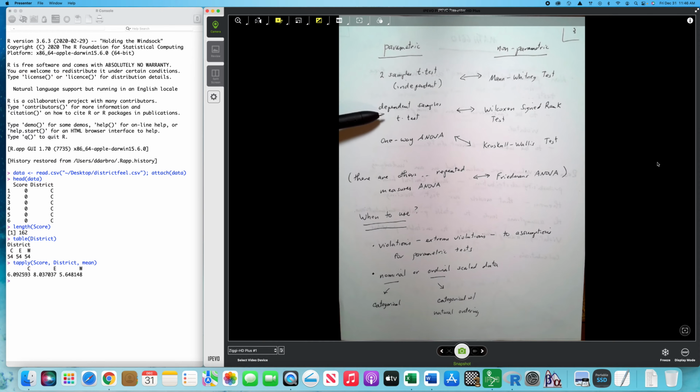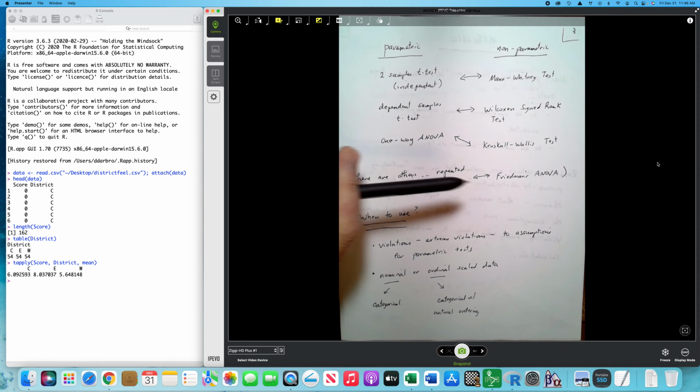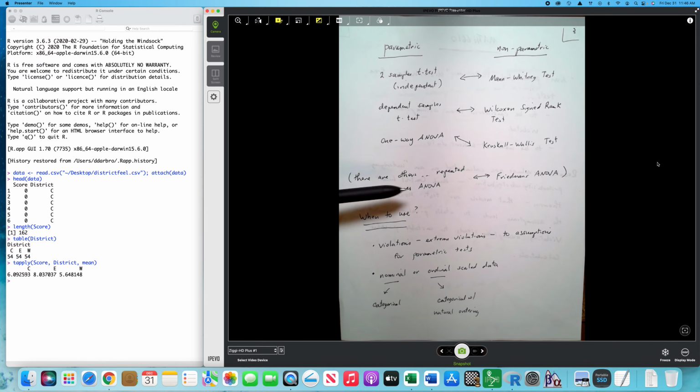For the dependent samples t-test, the paired samples t-test, the equivalent is the Wilcoxon signed rank test. And the one-way Anova equivalent in the non-parametric world is the Kruskal-Wallis test. There are others. A correlation, for example, Pearson correlation, which is a parametric test, has its own non-parametric version. Repeated measures, which we studied a couple of lessons ago, has Friedman's Anova as the non-parametric equivalent.